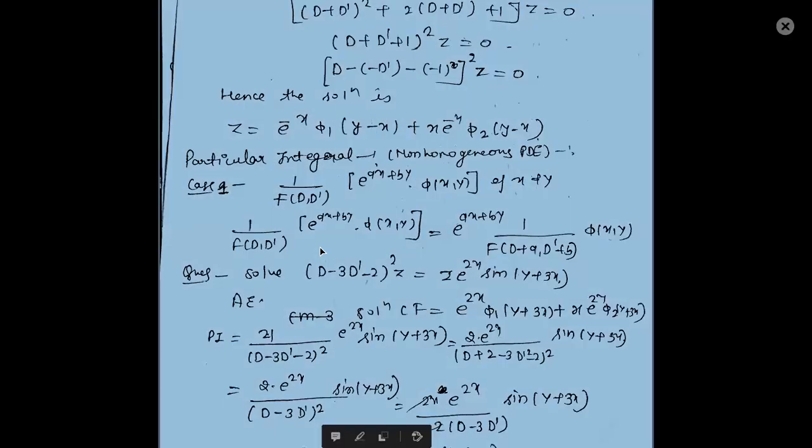That means if you have an exponential function and also another function, then you just replace D by D + a and D' by D' + b, where a and b are the coefficients of x and y, and your exponential function will be outside, into φ(x,y), right?